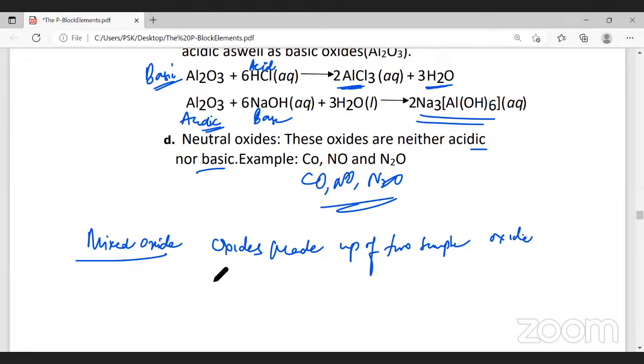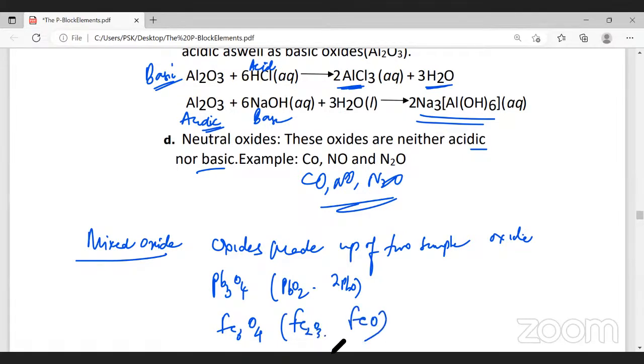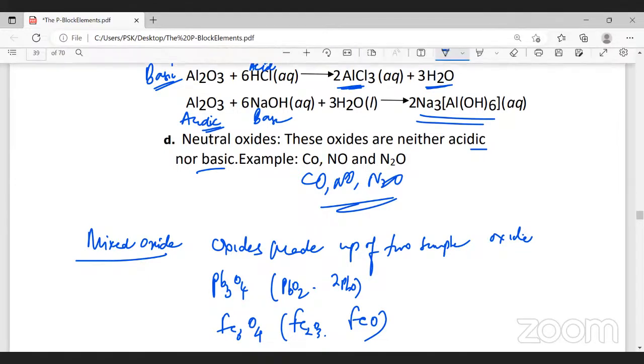For example, Pb3O4. It is made of PbO2 and 2PbO. Likewise, we have Fe3O4. It has Fe2O3, and also we have FeO. So oxides which are made up of two simple oxides are called mixed oxides.